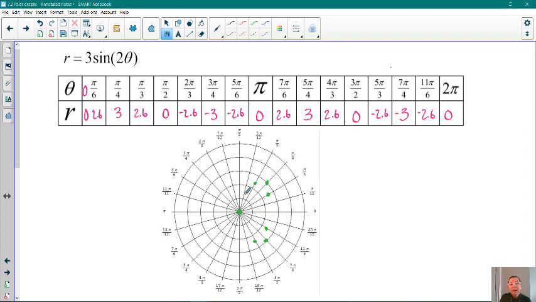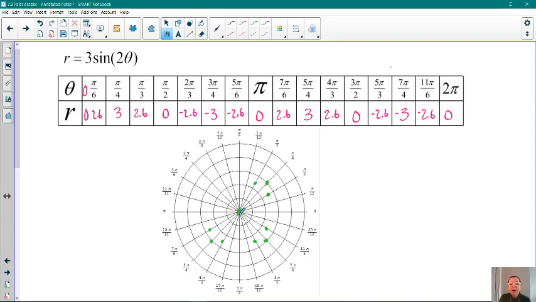So we need to be remembering the order of events that are taking place here. I love these. All right, 7 pi over 6, we are stepping out 2.6, 1, 2.6. 5 pi over 4, we're stepping out 3. 4 pi over 3, 2.6, 3 pi over 2, back to the pole.